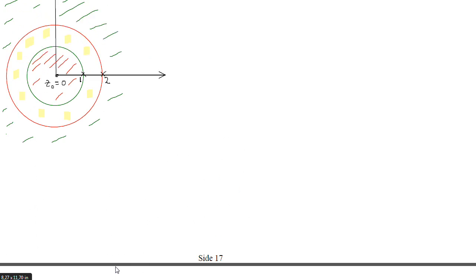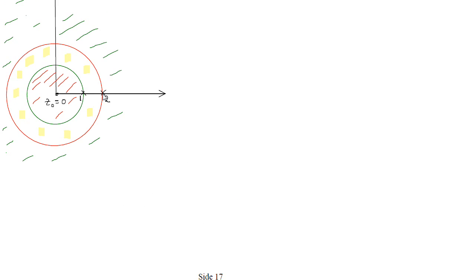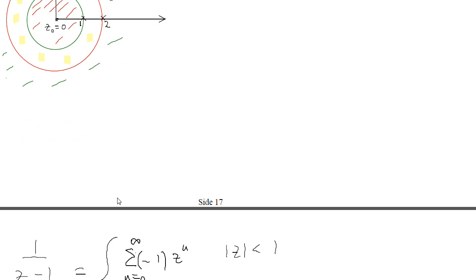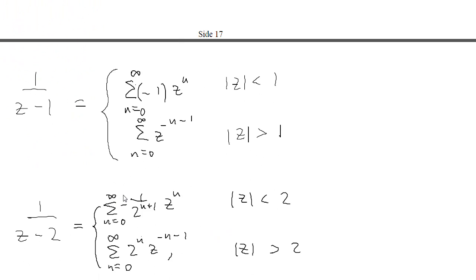The next circle we're going to consider is the circle with radius equal to 2 and center at the same point 0. So we have to find the Laurent series in this region, in this yellow region, and in this green region. Because as we see, we have Laurent series in these separate domains.